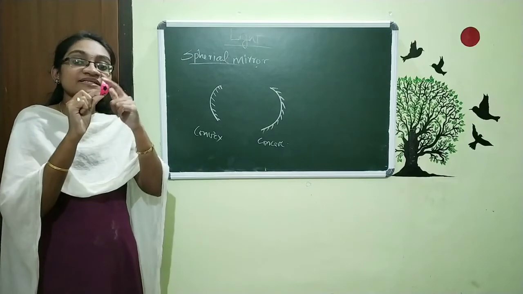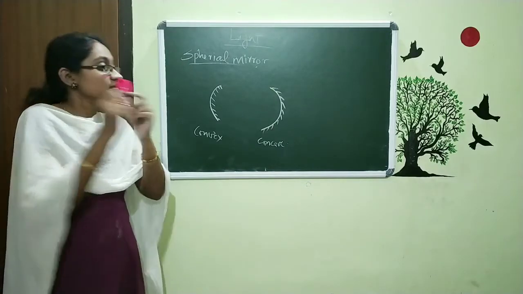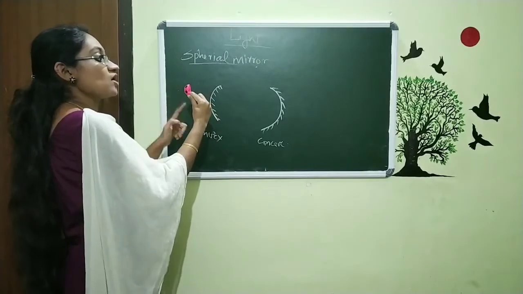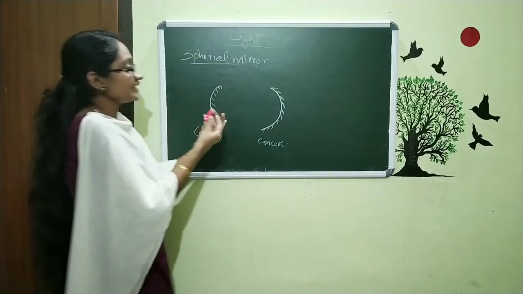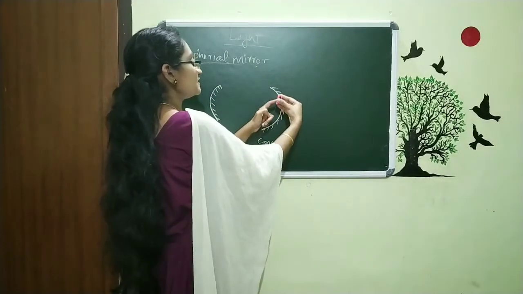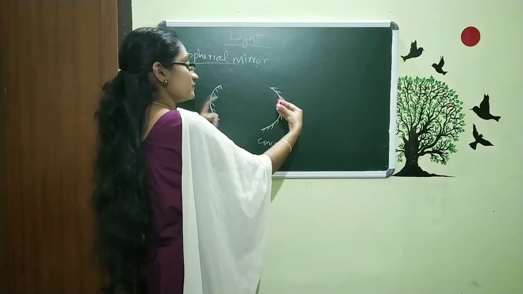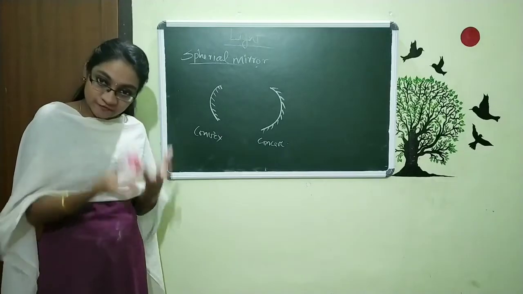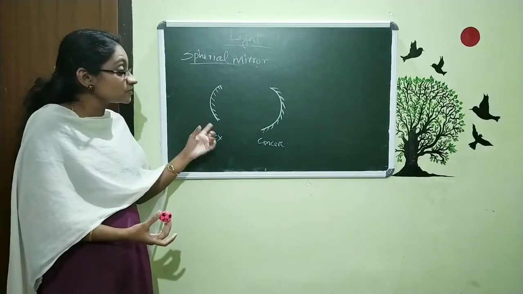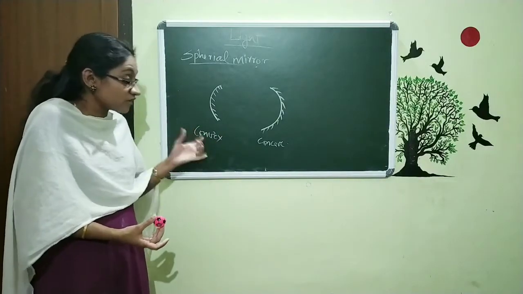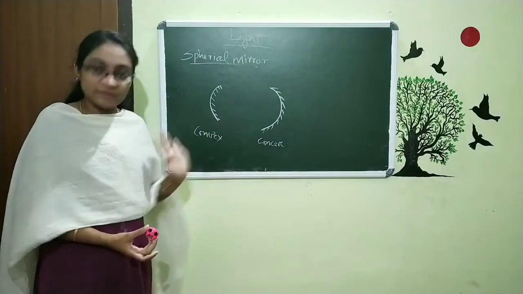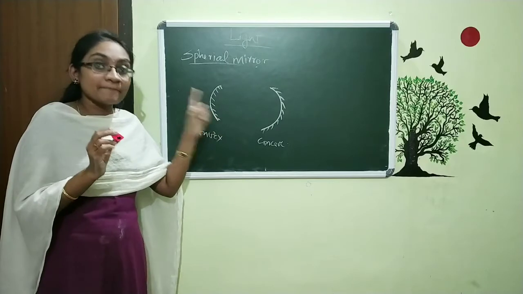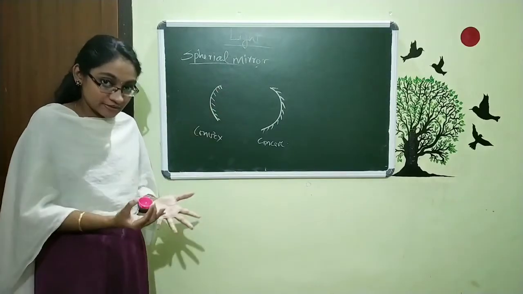So, what is this? This side is convex. And when I am putting it in reverse, this is concave. So actually, this is a part of a sphere. The same thing happens for this convex mirror and concave mirror, so we can say this is also a part of the sphere.